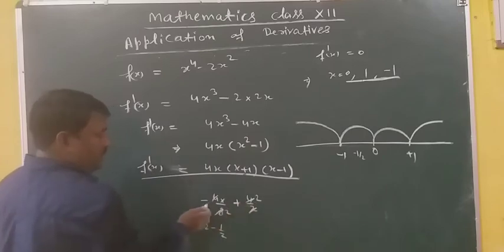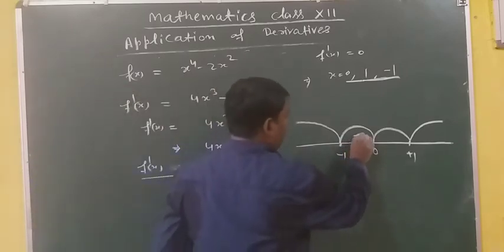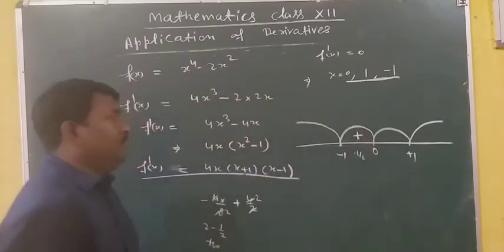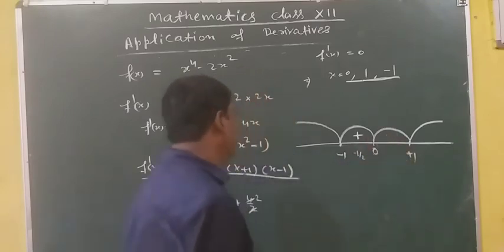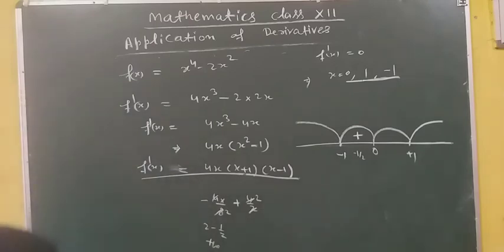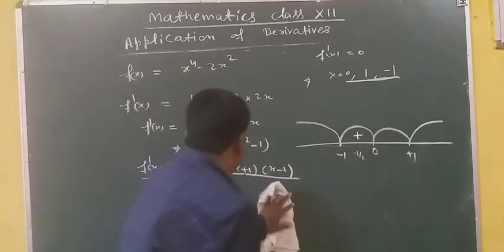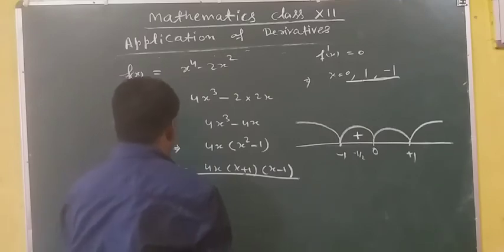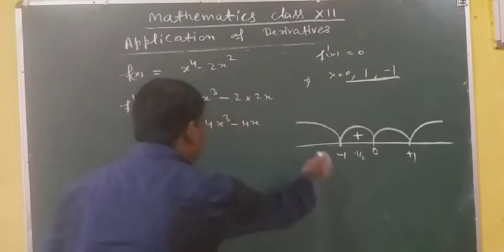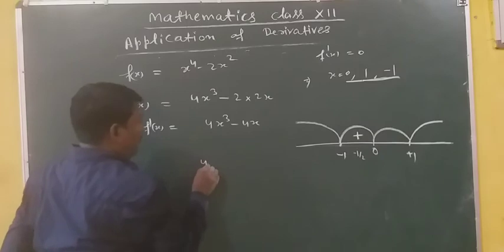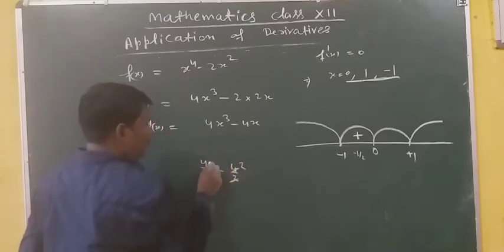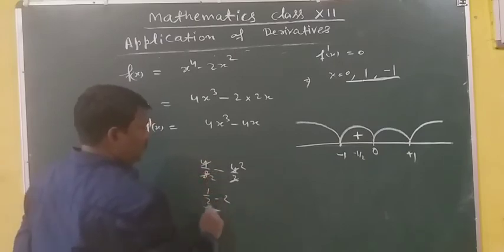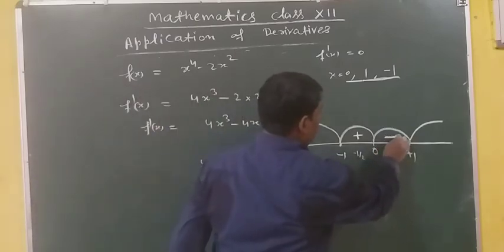This is positive, so in this interval you get a positive value. What about between 0 and 1? If you put 1 by 2, you get 4 by 8 minus 4 by 2, that is 1 by 2 minus 2. This time definitely we get a negative value.